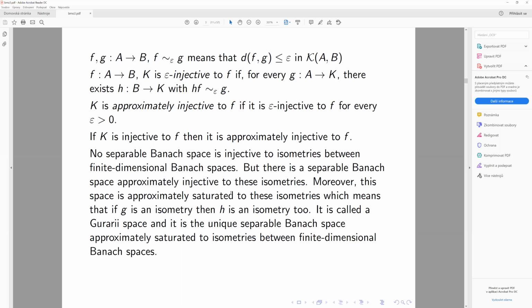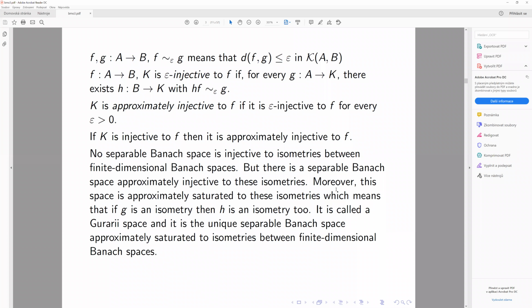And like saturated objects, these approximately saturated objects have, so usual saturated objects are usually determined. In the usual situation, if you have morphisms between finitely presentable objects, an object which is saturated and countably presentable is unique up to isomorphism.